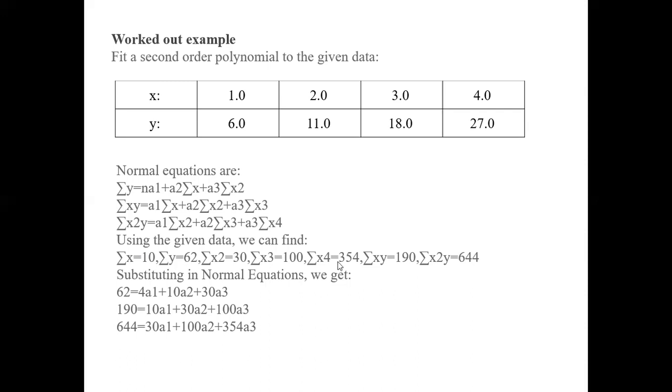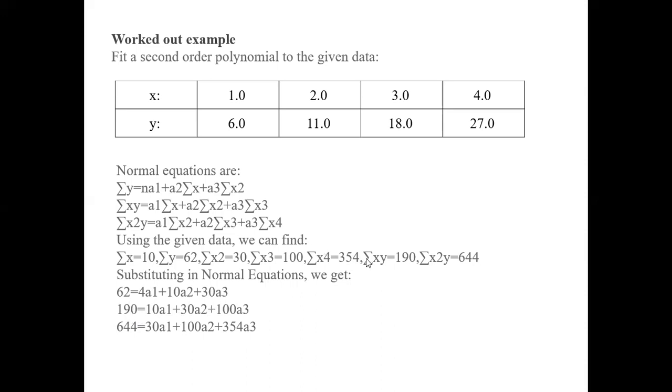By putting all the values in these equations, 62 is equal to n is 4, 4a1 plus a2 into summation of x is 10 plus summation of x square is 30 into a3.